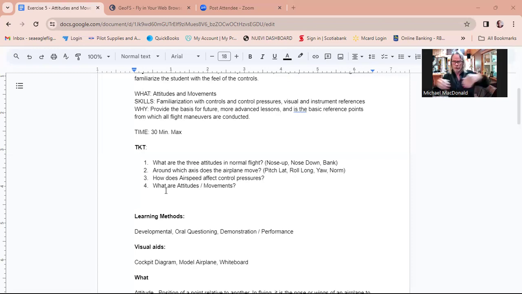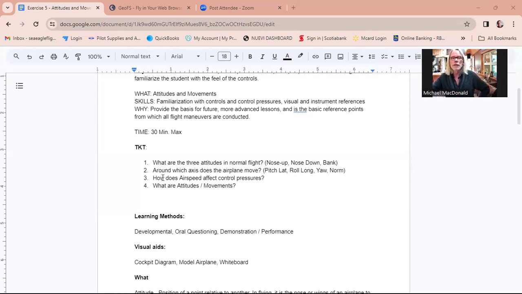Pitching, nose down or nose up, is around the lateral axis, through the wings. Banking is around the longitudinal axis, from the front to the back of the airplane. Yawing is around the normal axis, the up-down axis, and that skews the plane left and right.